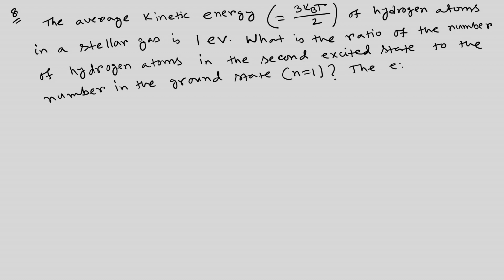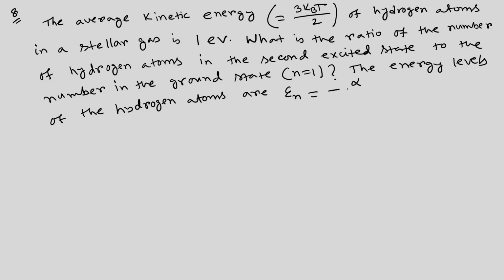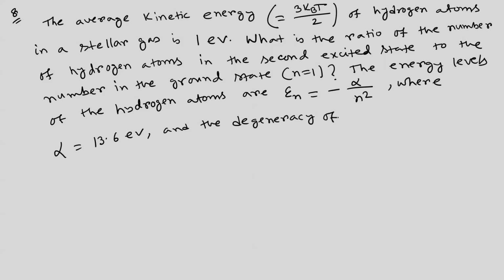The energy levels of the hydrogen atoms are epsilon n is minus alpha by n squared, where alpha equals 13.6 electron volt, and the degeneracy of the nth level is 2n squared.